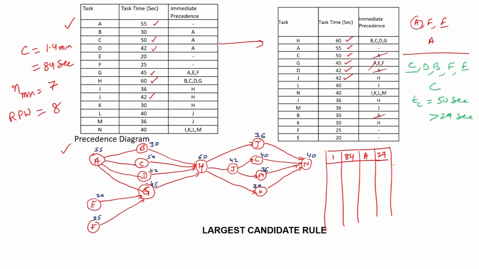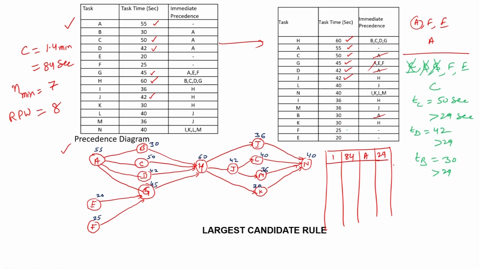So, we cannot assign that. Now let us see the next one, D. How much time is required for D? 42, which is also greater than 29. So, D cannot be assigned either. Then there is element B, which has a time of 30. This is also greater than 29, so B also cannot be assigned.